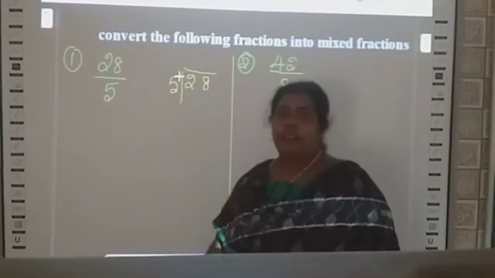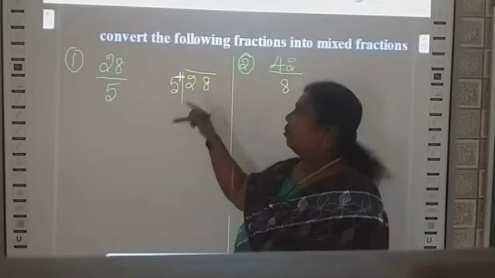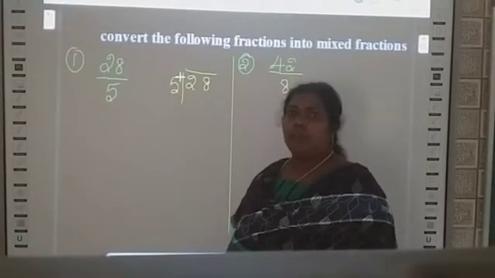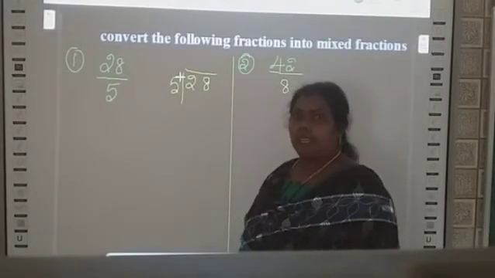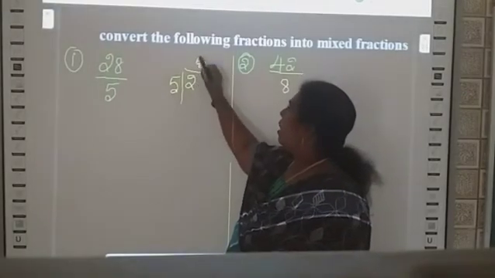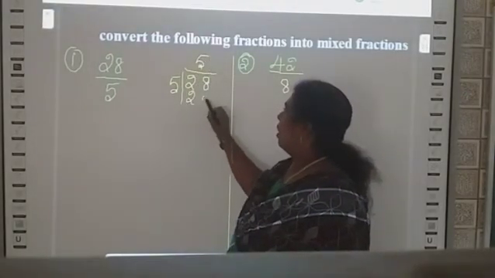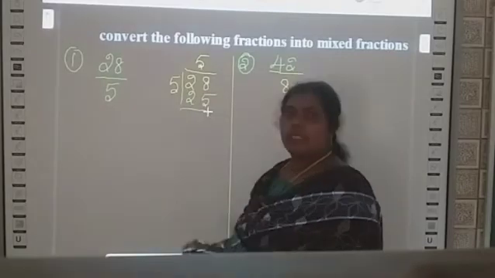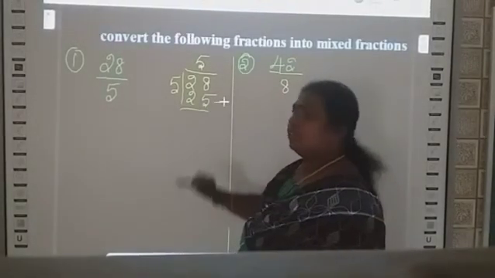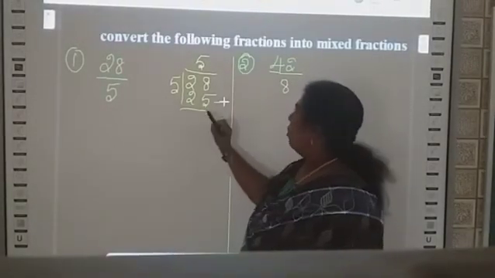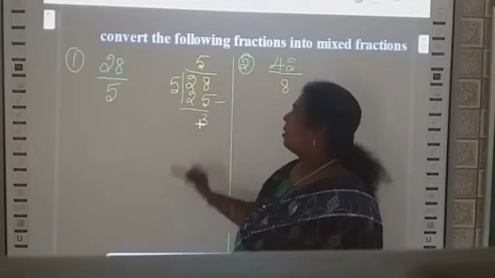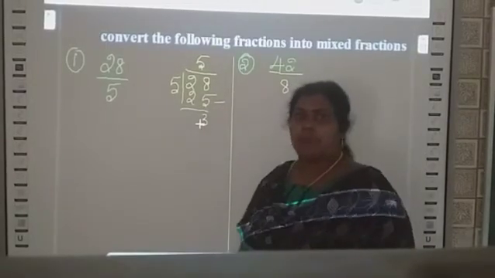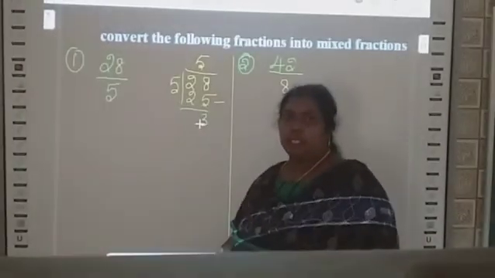If you divide, 5 how many times, up to 28? 5 times, right? 5 fives are 25. What is the next step? Next step is you have to subtract the value. So 28 minus 25 is 3, right? So how can we write this mixed number here? This is the improper fraction, right?